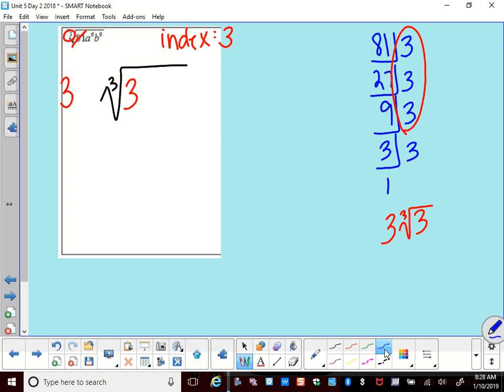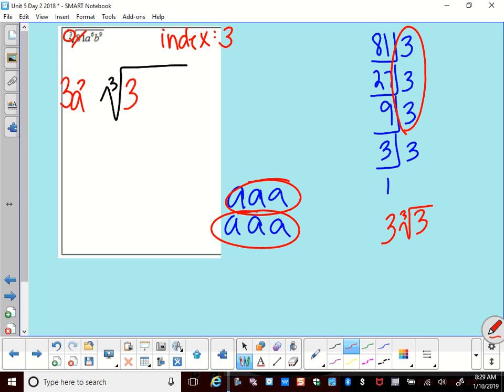Next, I have a to the 6th. That means I have 6 A's, right? Out of my 6 A's, I need a group of 3. How many groups of 3 do I have? 2. So guess what? Those 2 groups come out from under my radical, and I write them on the outside as A squared.